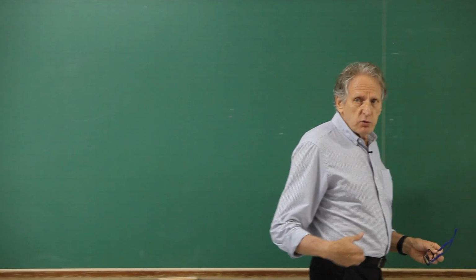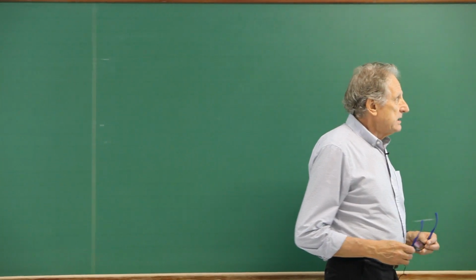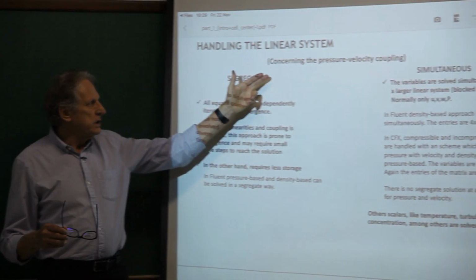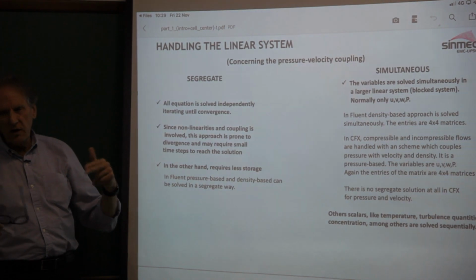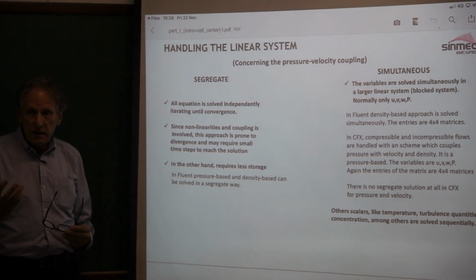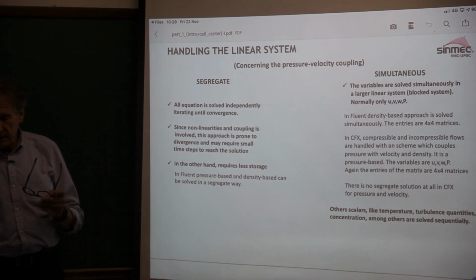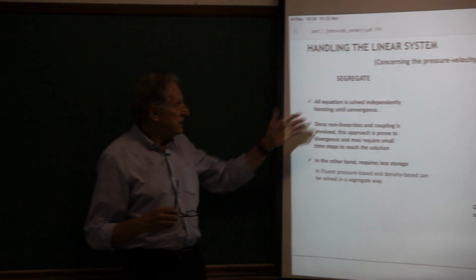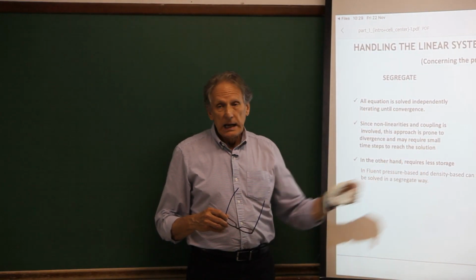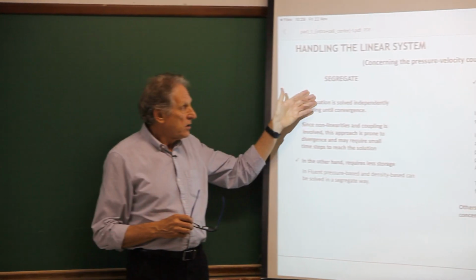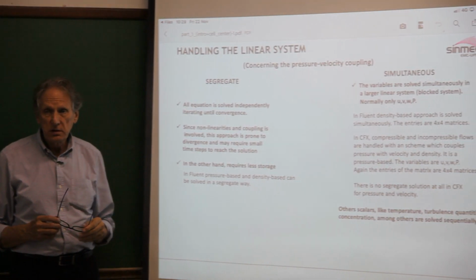And then how do you handle the linear system? It's more related with the pressure-velocity coupling or pressure-velocity-density coupling. How you handle the linear systems which are, you know, results of your discretization. And then we have two main routes to follow: segregated solution or simultaneous solution.